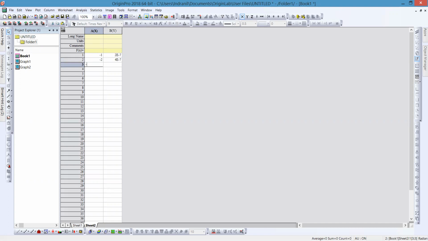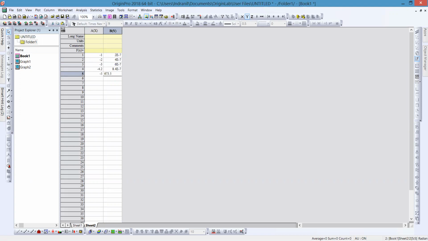Next. Similarly, sir, minus 3, 600 nanoamps. And minus 4.2, sir, it is not for minus 4. It is 840 nanoamps. Okay. Sir, it is 5. 677.35 microamps.